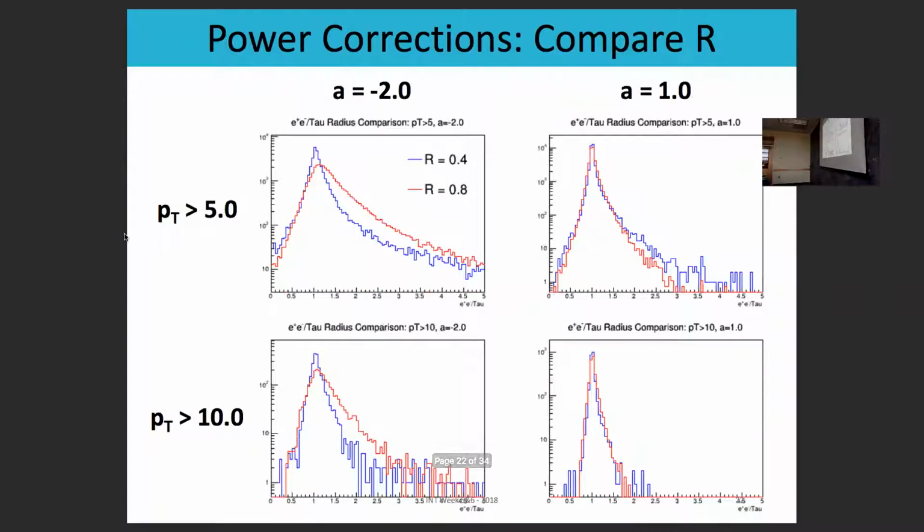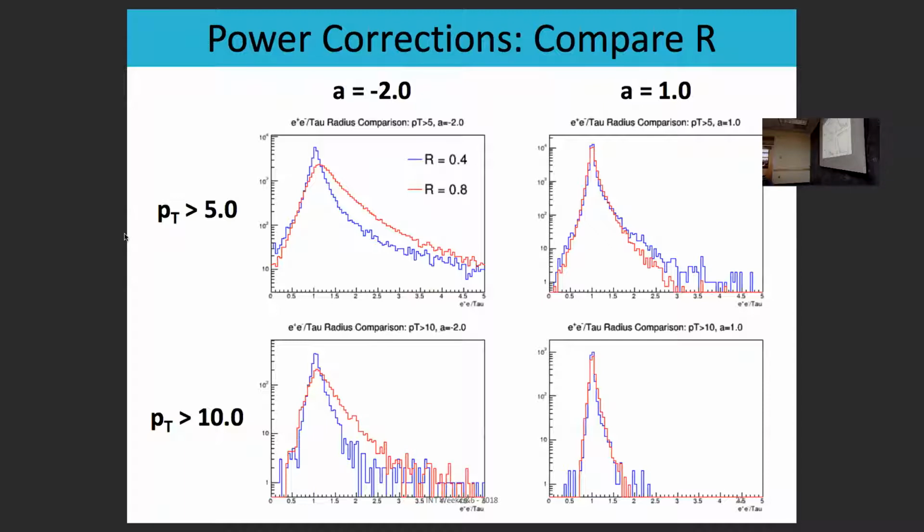The radius comparison is more pronounced. Again, this was A of -2, so this is the most pronounced influence from the corrections. The two curves are for the different radii, 0.8 and 0.4.